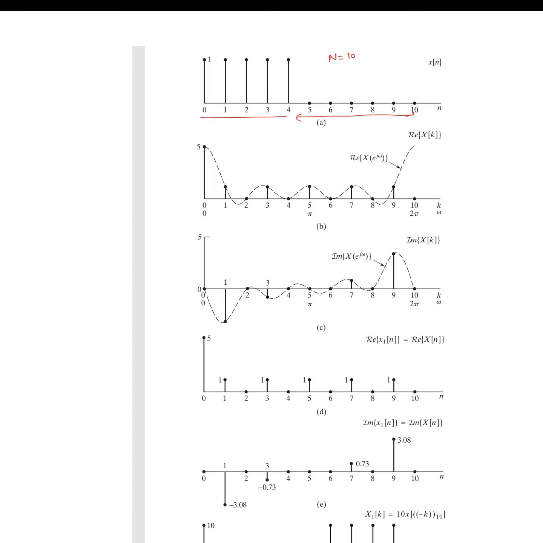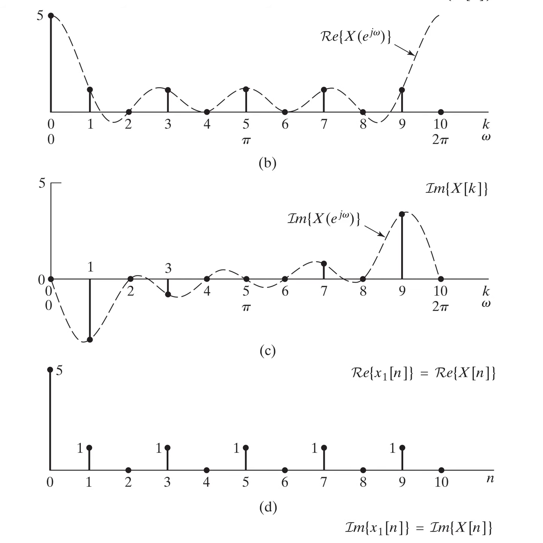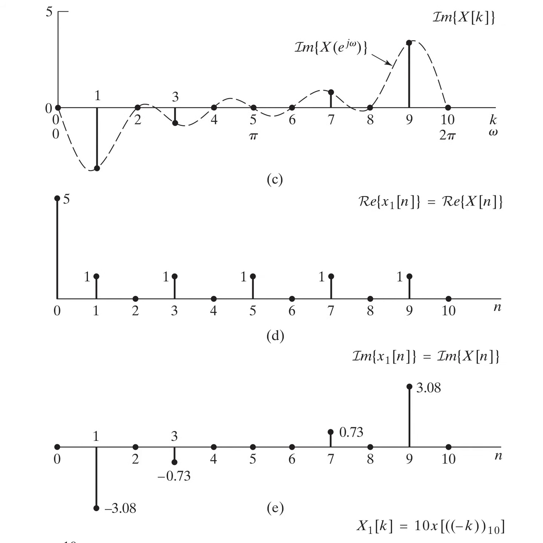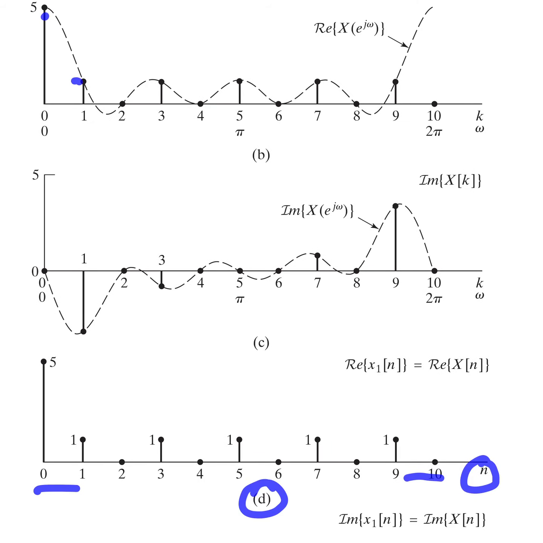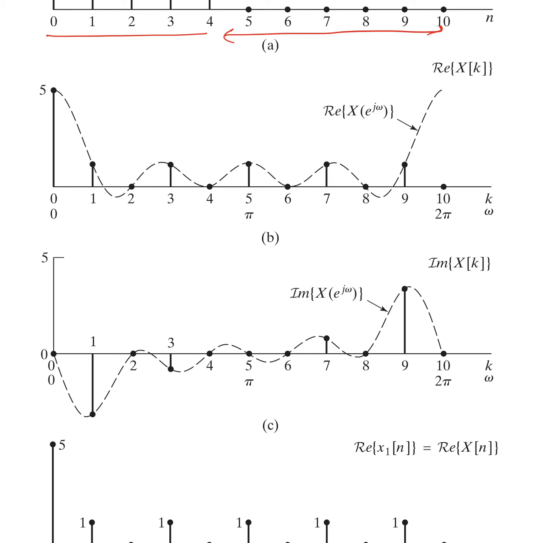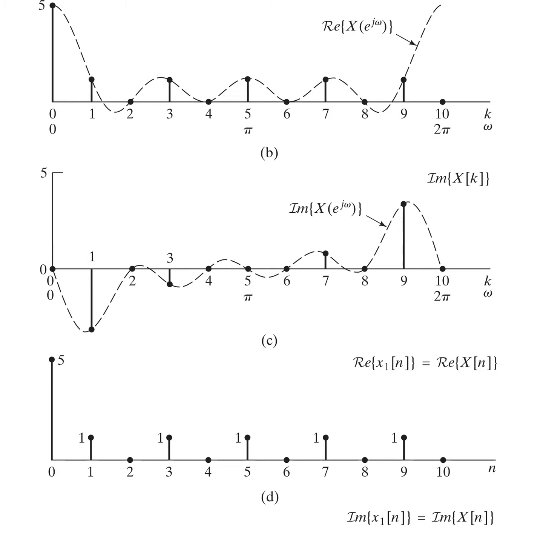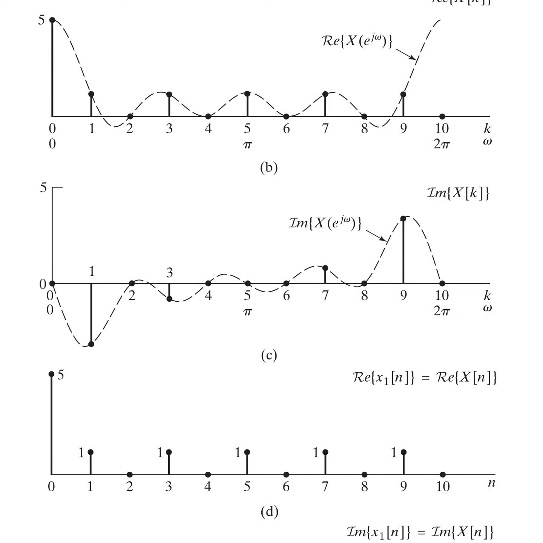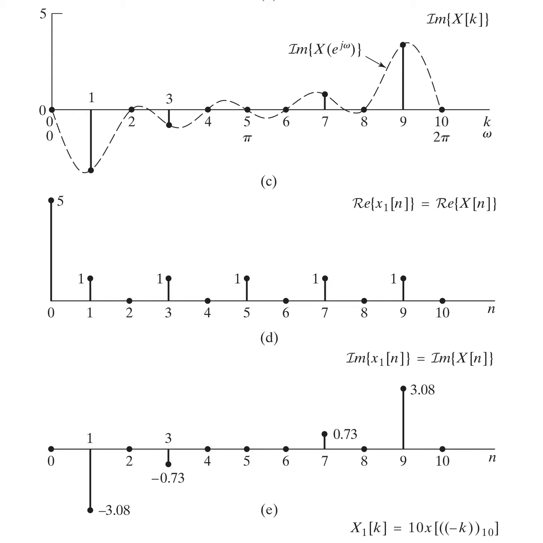So here we will simply label this axis and replace it by n, which we have done in figures D and E for n from 0 to 10, and we have extracted those samples because these are the samples of X of k. Now they would become the samples of x of n. Okay, so this is what is plotted, 5, 1, 1, all these values. Similarly for the imaginary part.